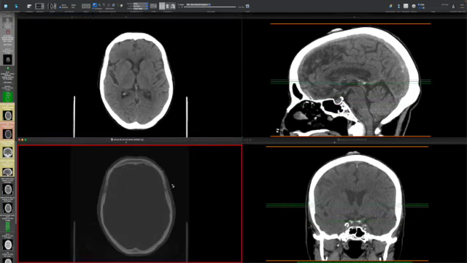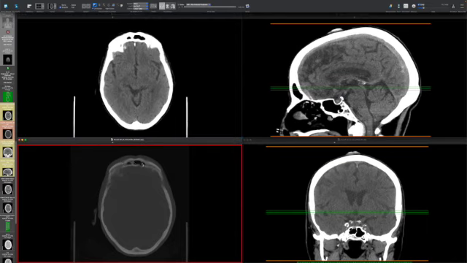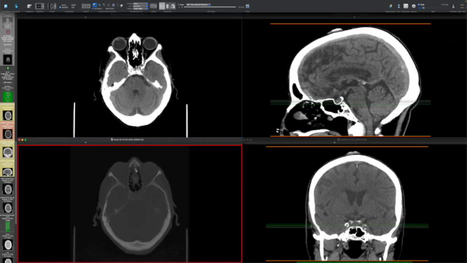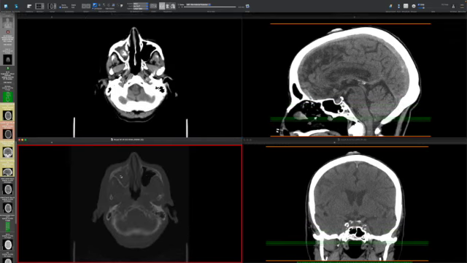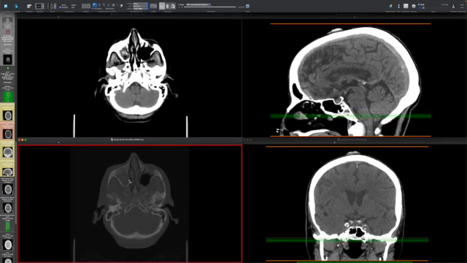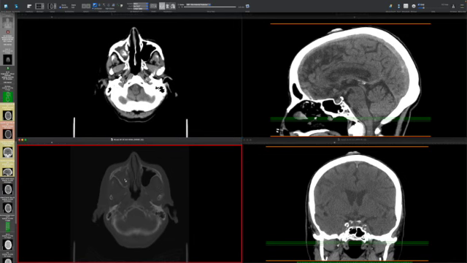And then we can look at the paranasal sinuses. So I like to use the bone windows for that. So we have the frontal sinuses here, the ethmoid sinuses, the sphenoid sinus, and then the bilateral maxillary sinus. This person has opacification of their right maxillary sinus with some high density material that is usually inspissated secretions.